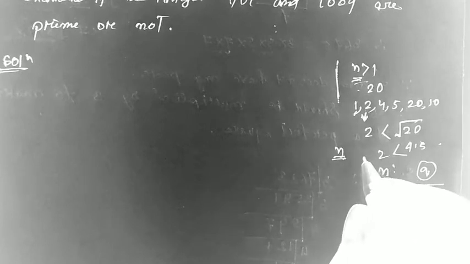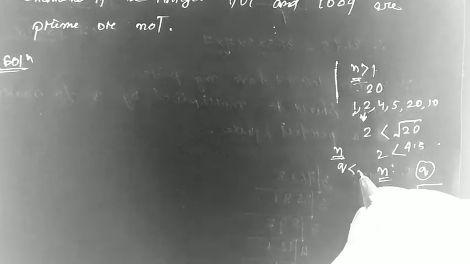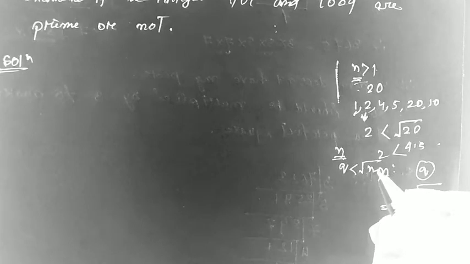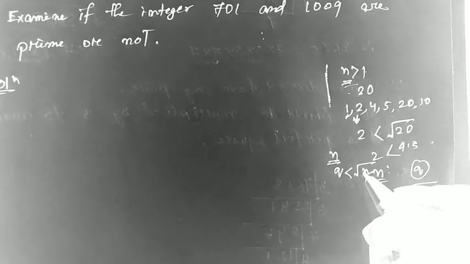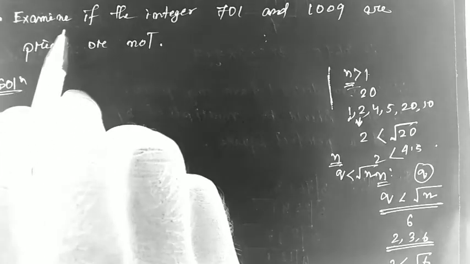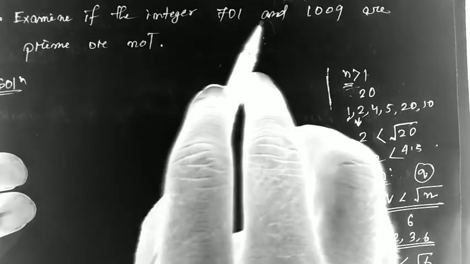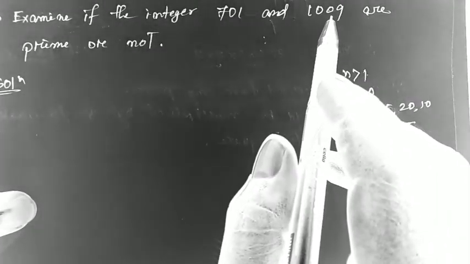Among those factors, if q is the least factor, then q will be less than the square root of n. So we have to examine whether the integers 701 and 1009 are prime or not. I am doing one, you will do one yourself.